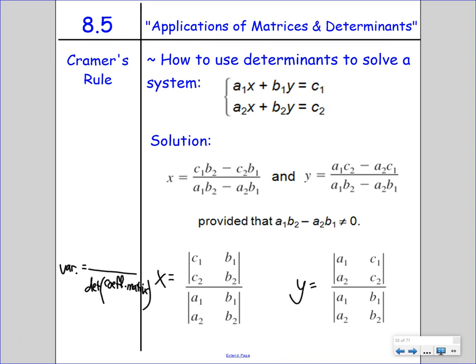So the determinant of the coefficient matrix for whatever variable you're solving for, whether it's X or Y, if it was a 3-dimensional Z, if it's a 4-dimensional W, you're going to take the determinant of the coefficient matrix on the bottom, and what's going to be on the top? Uh-oh. The determinant of... What's going on?